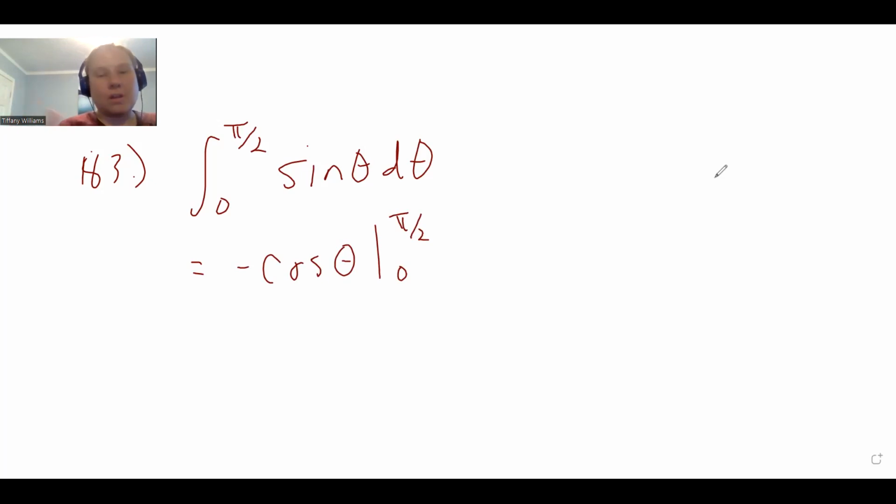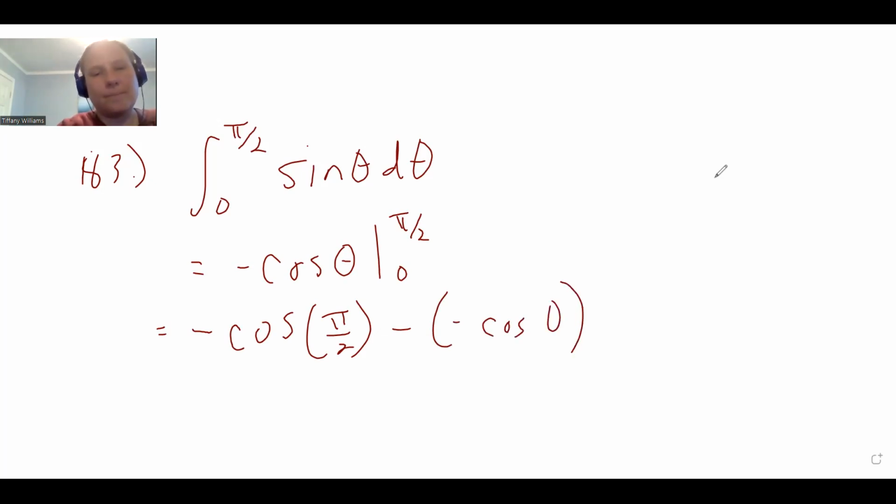But we are going to plug the pi over 2 in first. So I'm going to do the negative cosine of pi over 2. And it's going to be minus negative cosine of 0. The minus comes from the fundamental theorem of calculus. By the way, the cosine of pi over 2 is 0.